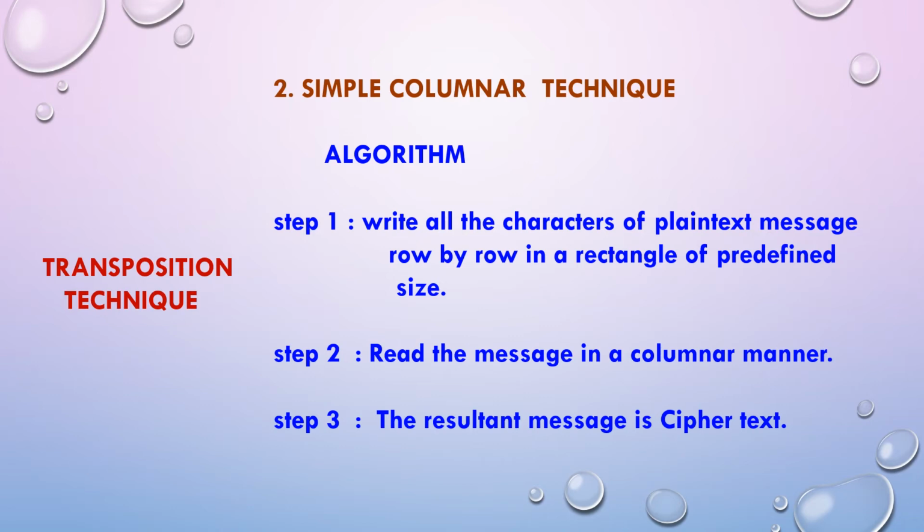Write all the characters of the plain text message row by row in a rectangle of predefined size. Step number 2. Read the message in a column manner, that is column by column. Then step number 3. The resultant message is the ciphertext message.